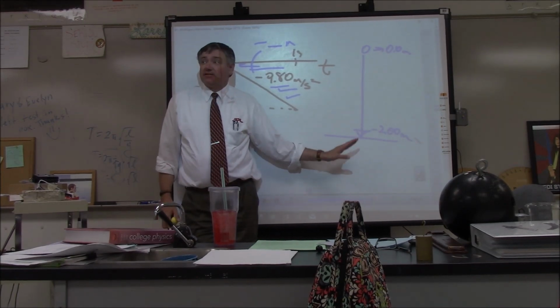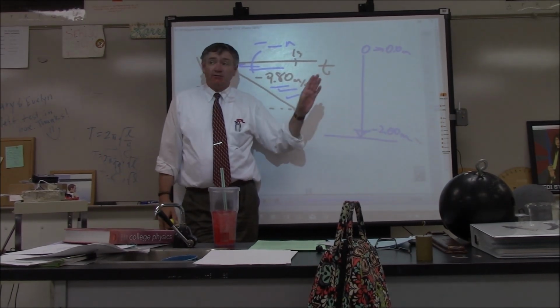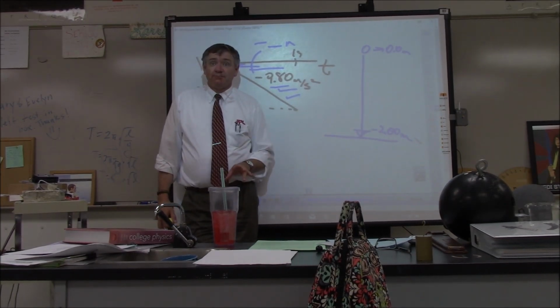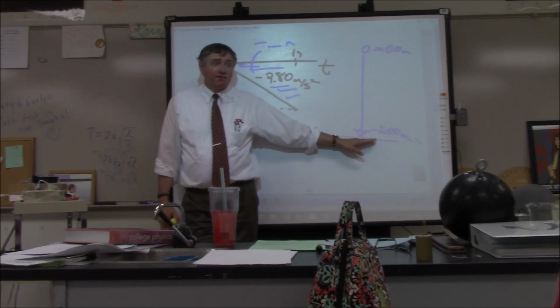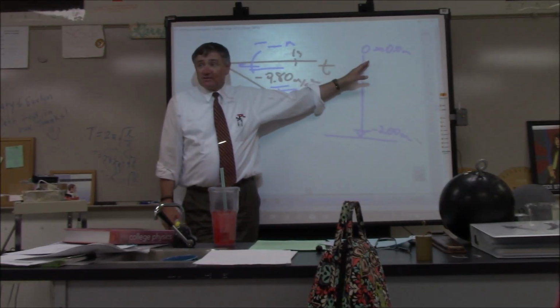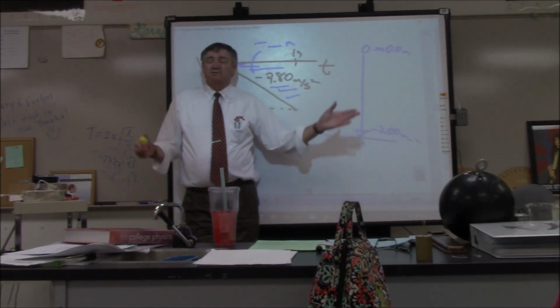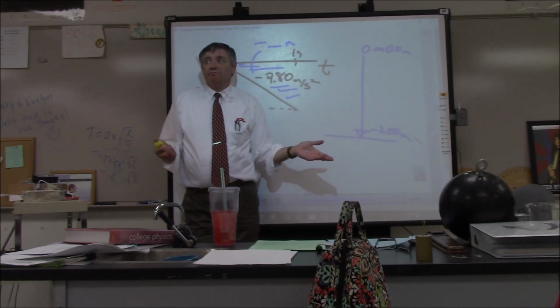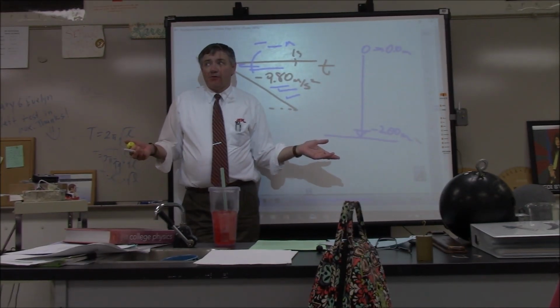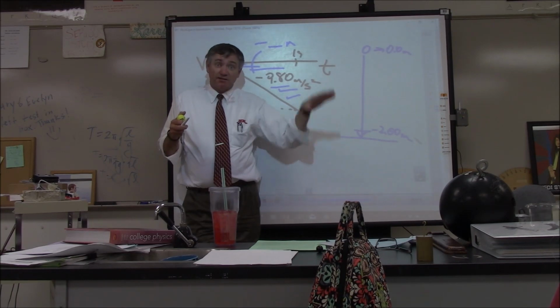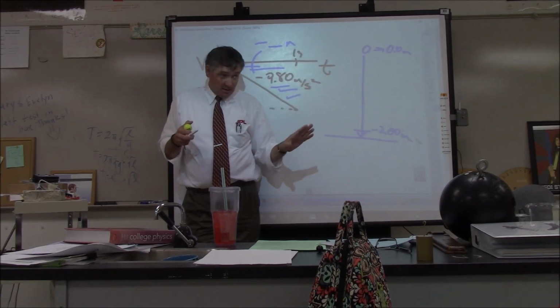Now, how do you calculate displacement knowing position final and position initial? What minus what? Final minus initial. What's his final position? Negative 2 meters. What's his initial position? 0. What's his displacement? Negative 2 meters. So that's consistent as long as you're defining down as being a negative value.